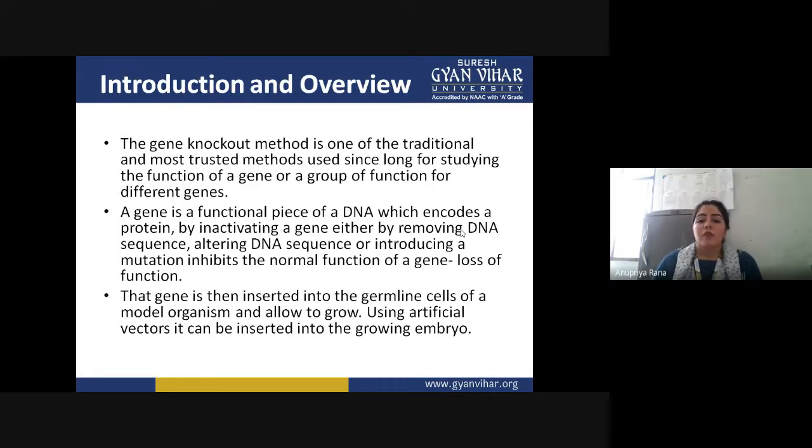Sometimes we can take a particular gene out of an organism and insert it into another organism or germline cell or model organism. In that case we also see how that particular gene shows protein formation, or what type of phenotypic versions can be shown from that gene.